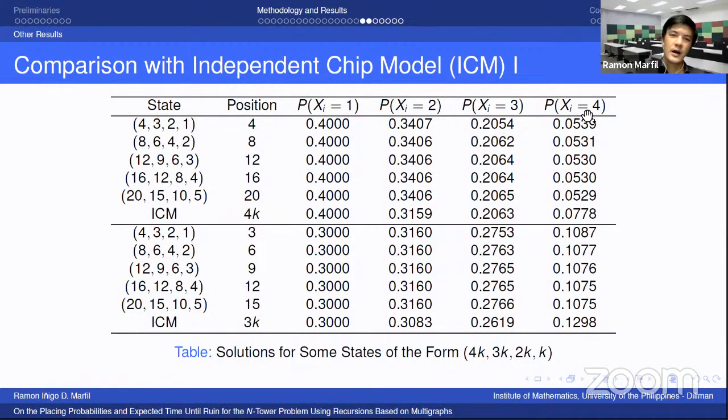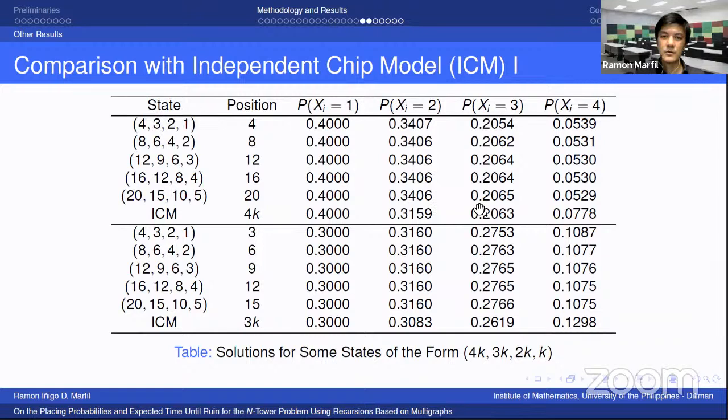Pero for our model, kahit pare-pareho yung proportions ng wealth ng bawat player, nagbabago pa rin yung placing probabilities for the second, third, and fourth places.